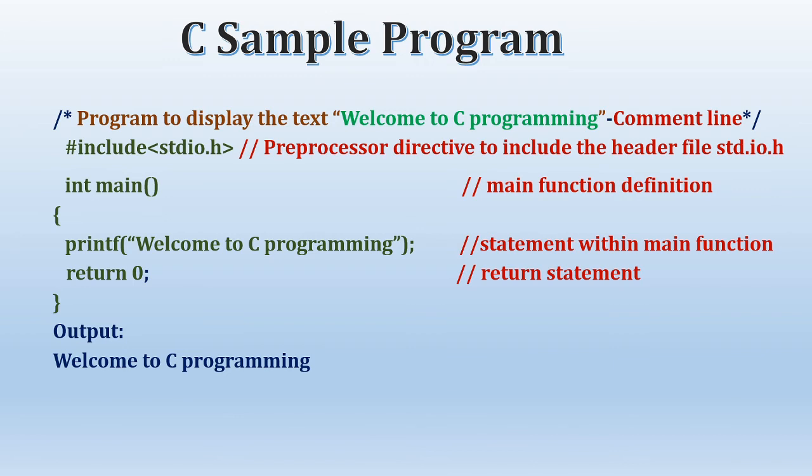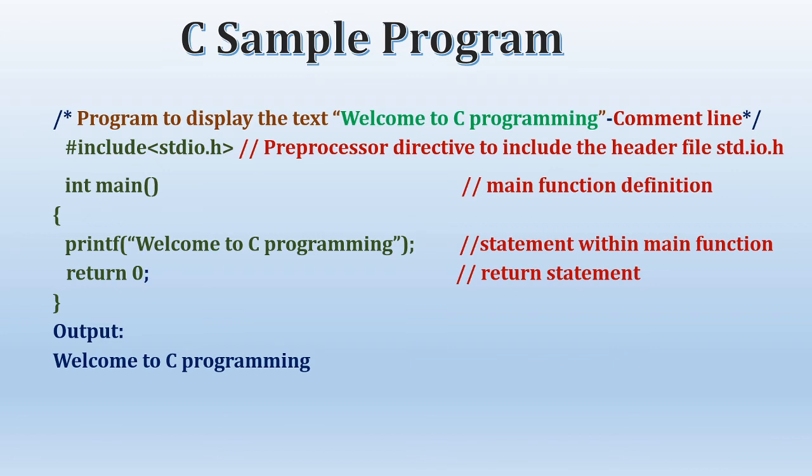Now we have a simple C sample program. Here I try to explore each and everything which I have written in the previous documentation. The program is to display the text welcome to C programming.